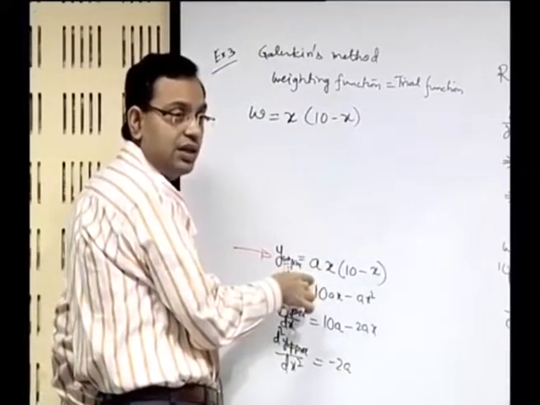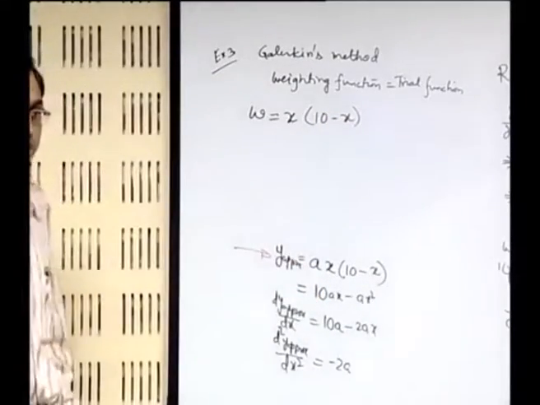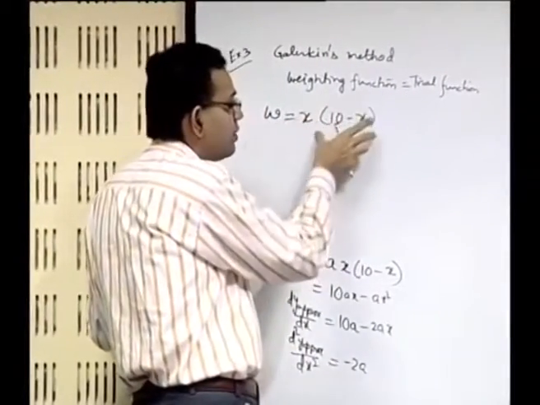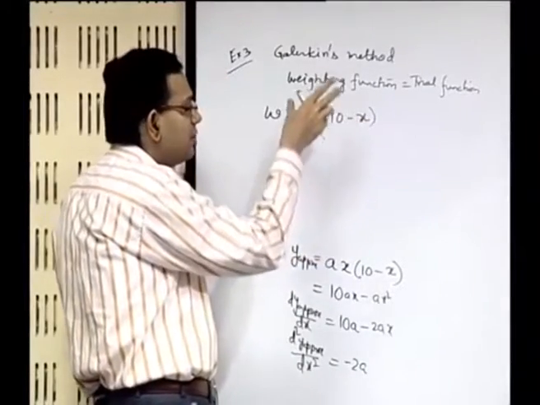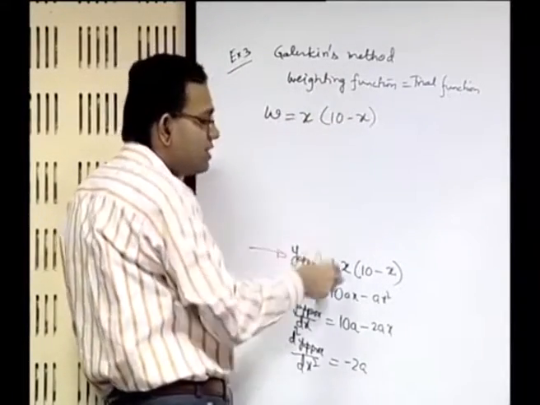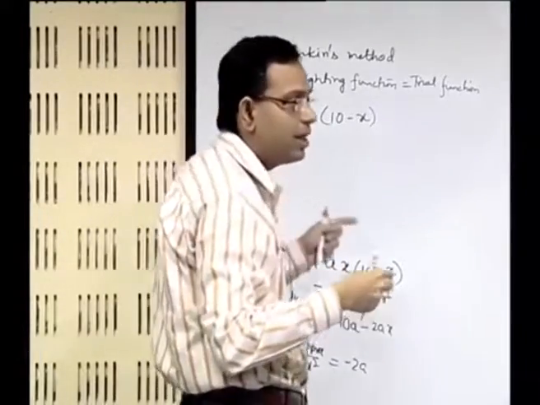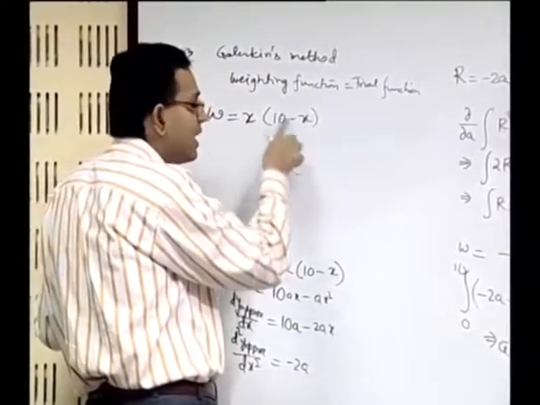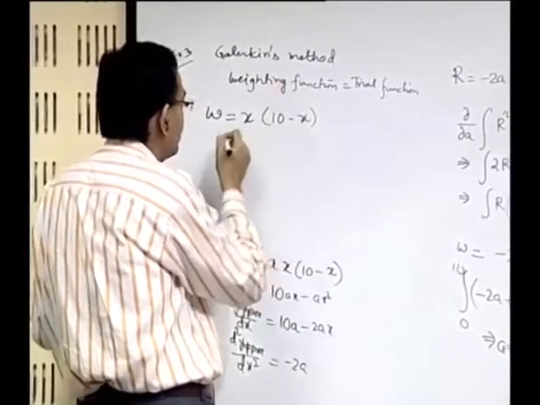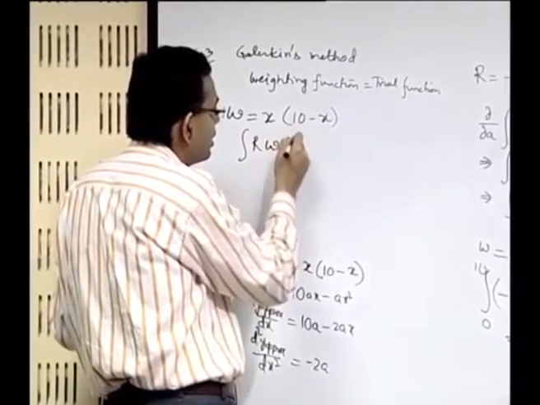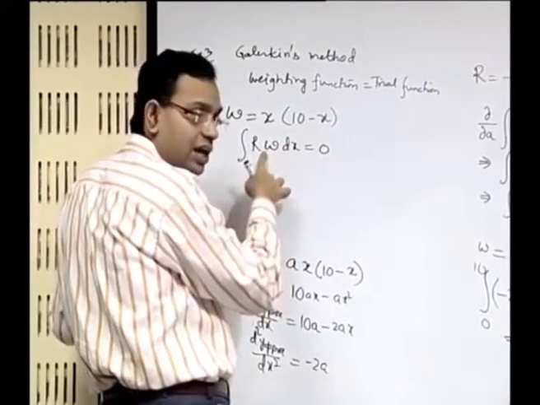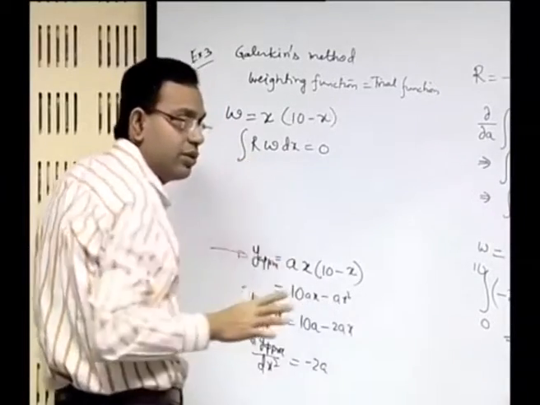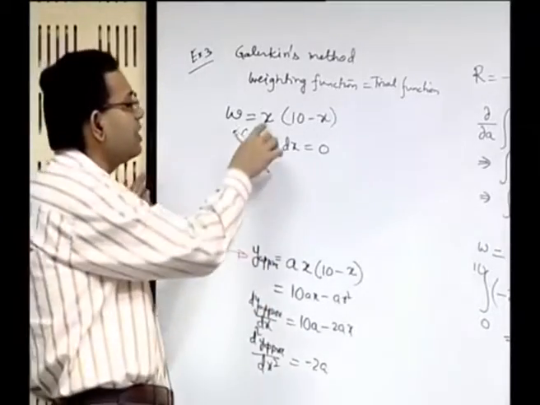We do not consider a as part of the weighting function, because it is the form that matters. Multiplying with a x into 10 minus x is as good as multiplying with x into 10 minus x, because the integral of r w dx equal to 0, and a is not equal to 0, since a is just a constant multiplier.